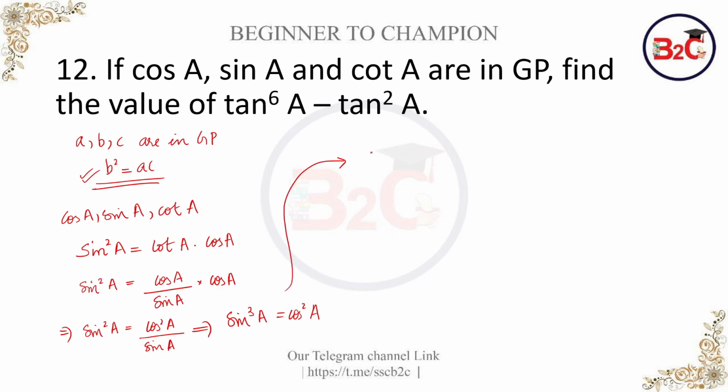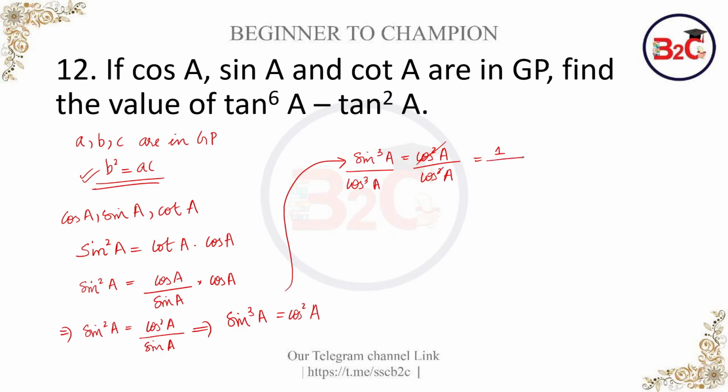Now I am going to divide both LHS and RHS of this equation by cos cube A. Sin cube A by cos cube A is equal to cos square A by cos cube A. Okay, now we can cancel out cos square A and this cube over here.